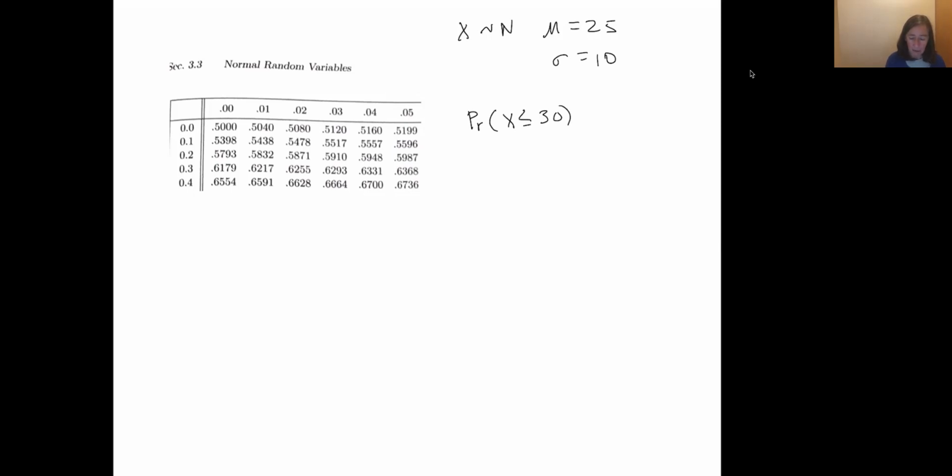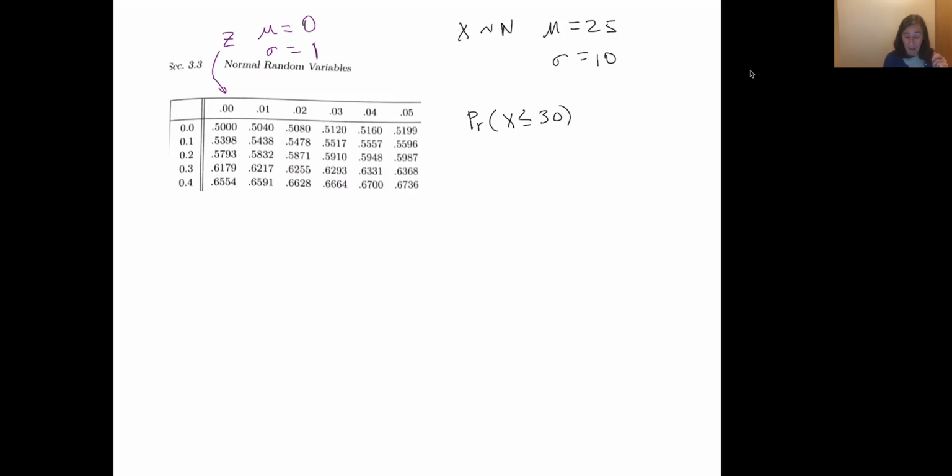My table here is just about Z. It has mean mu of 0 and standard deviation of 1. Mu is 0, sigma is 1 here.